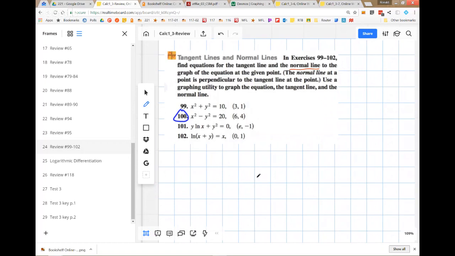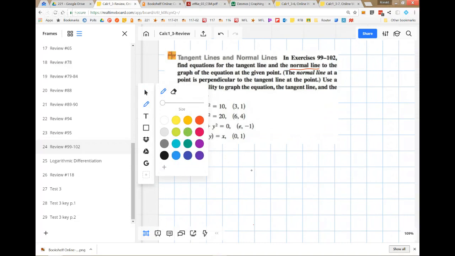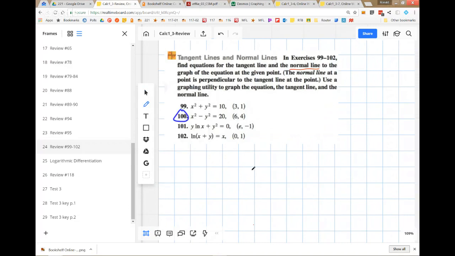All right. So the first thing we have is x squared minus y squared equals 20. And we want to take the derivative with respect to x of that whole thing.